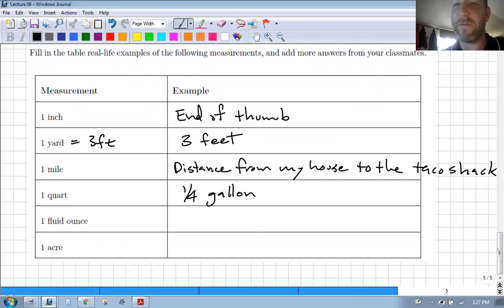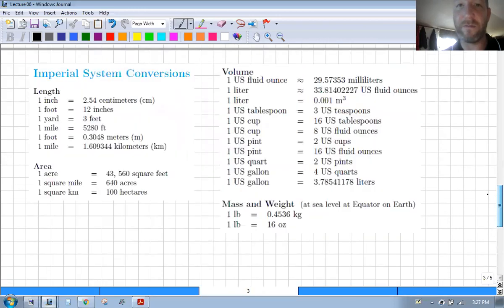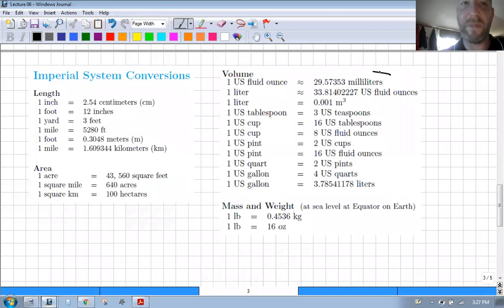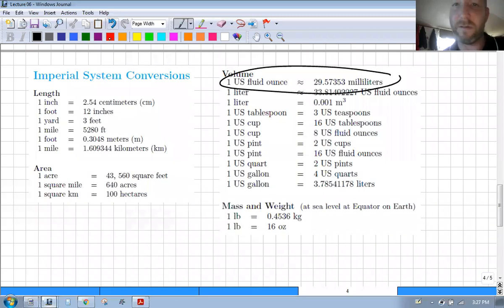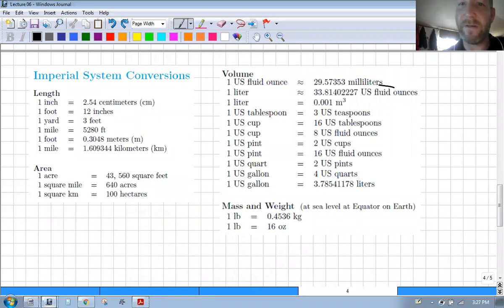1 fluid ounce. You can look at it in milliliters or liters. Fluid ounces: 16 make a pint. 2 pints make a quart.